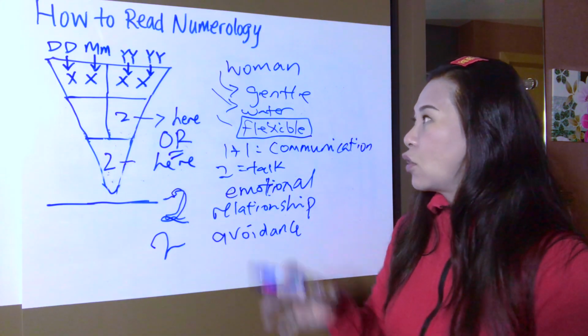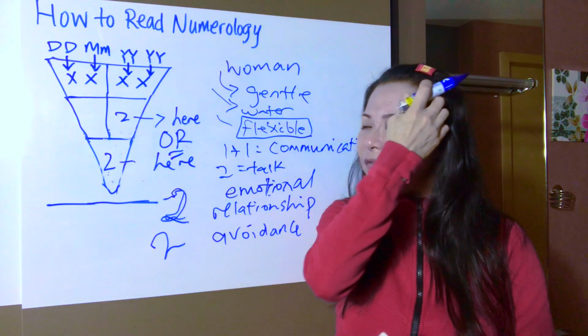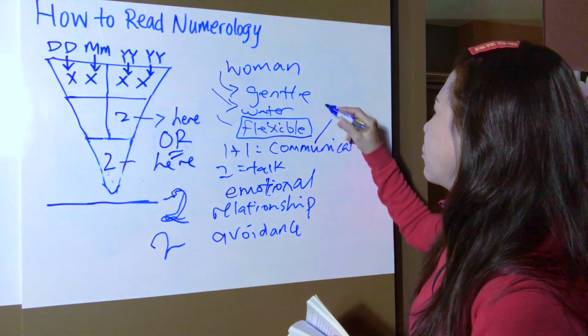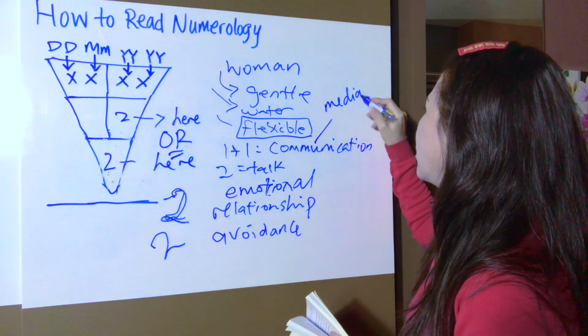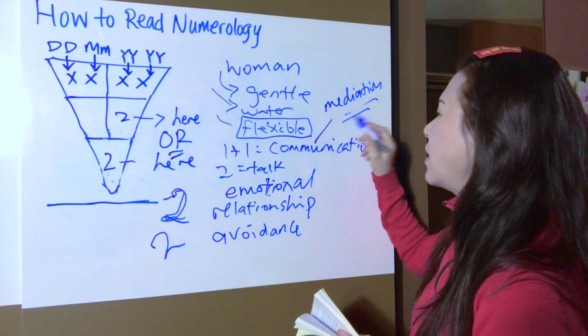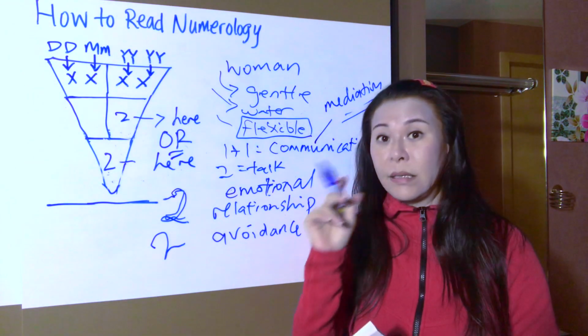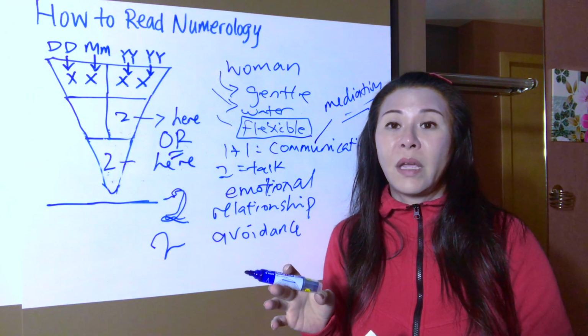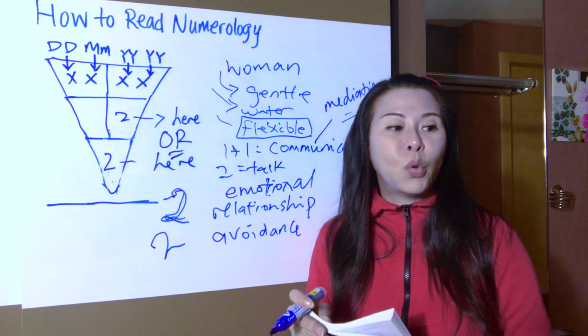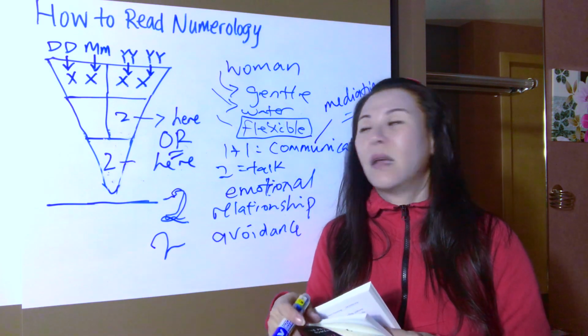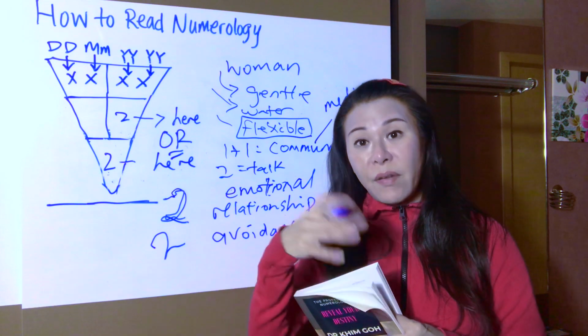But 2 is an excellent number for mediation. Why do I say that? Because 2 is an excellent communicator. So if you are looking for a middleman, it's good to look for 2 because they are very flexible, right?